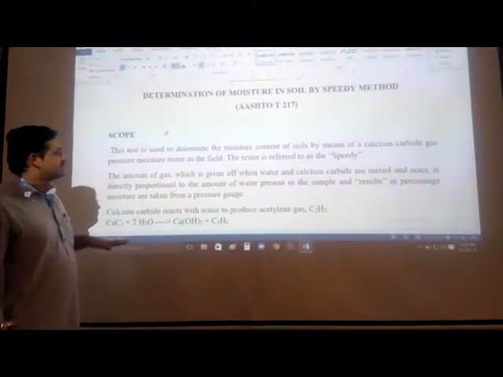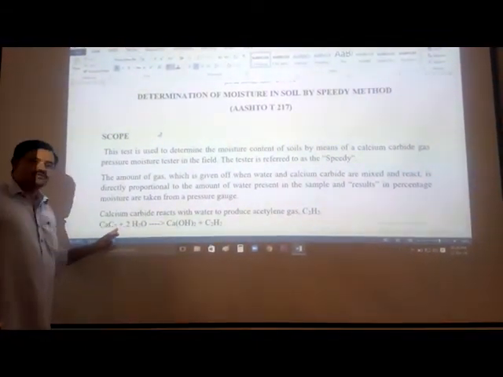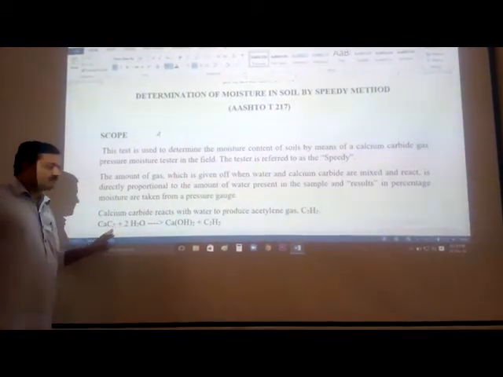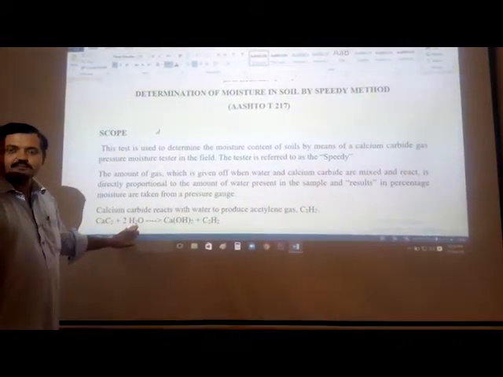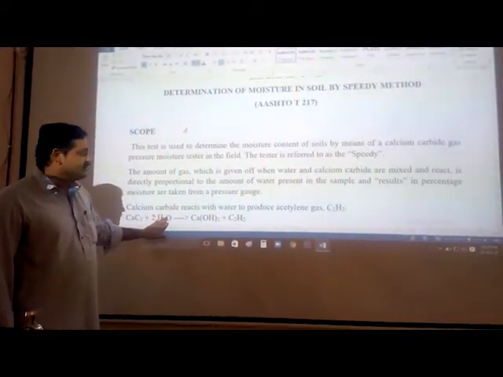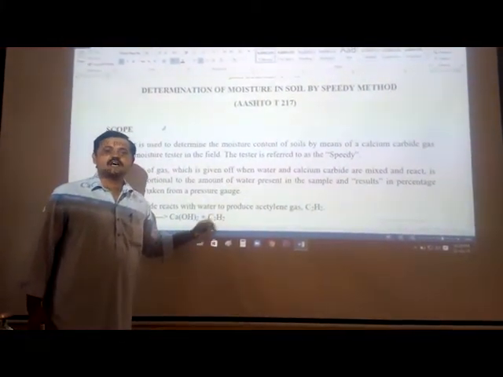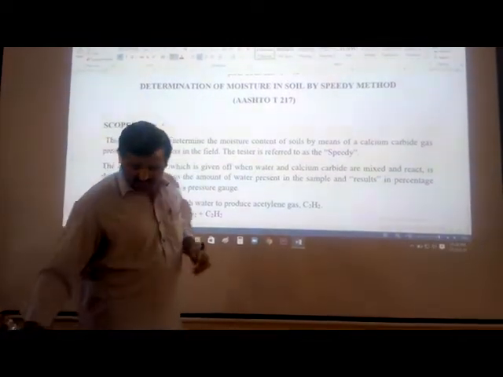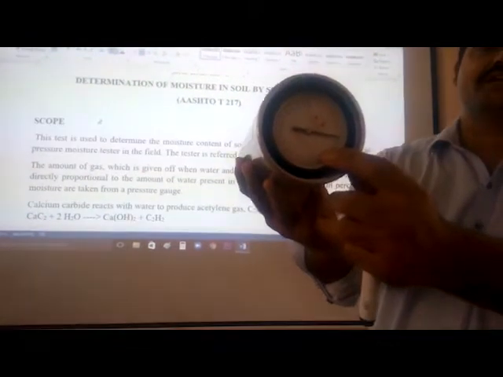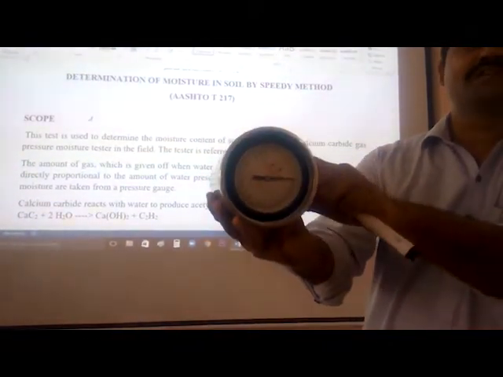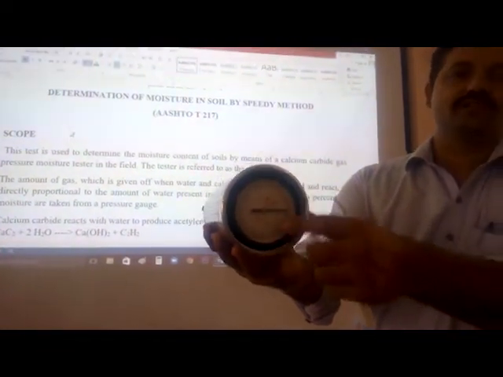Calcium carbide reacts with the water present inside your soil sample and gives you this gas, which is C2H2, acetylene gas, and this gas is basically recorded by the pressure gauge of that speedy moisture tester, which is present at the bottom of the speedy moisture tester. So indirectly it gives us the amount of moisture present inside your soil sample.